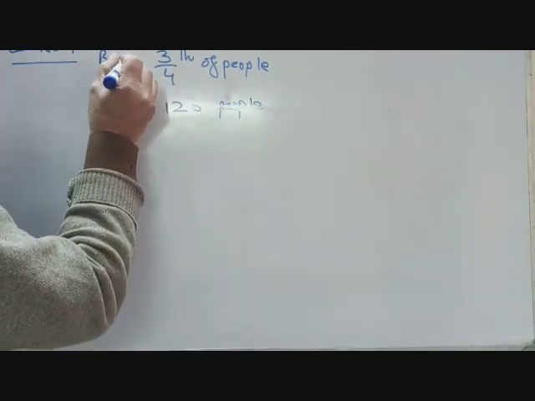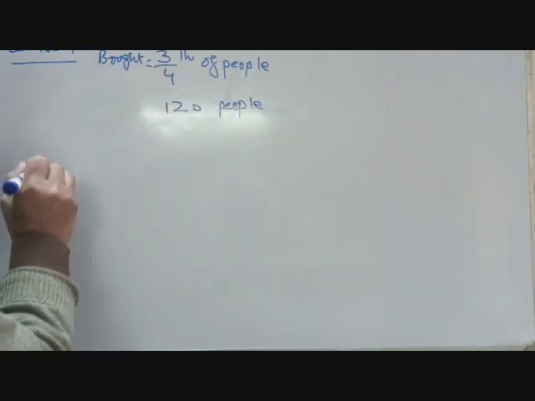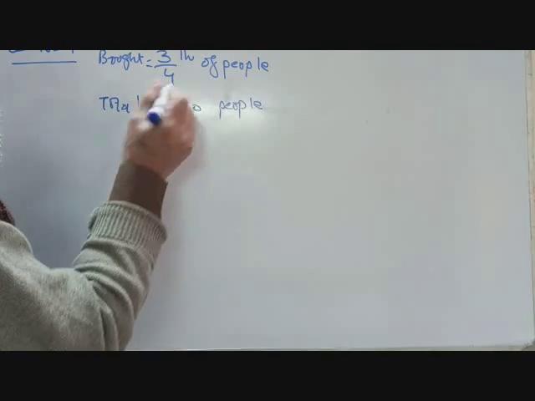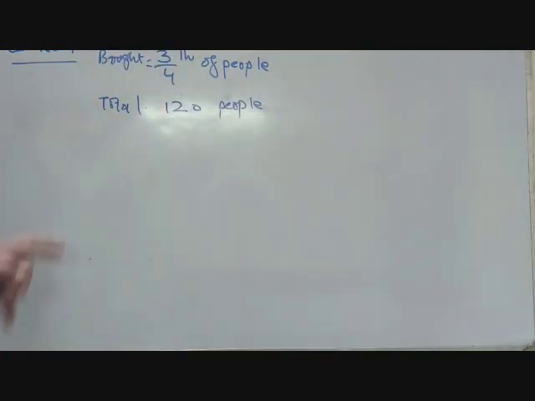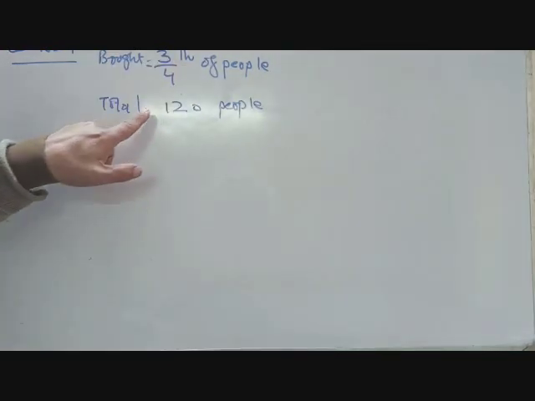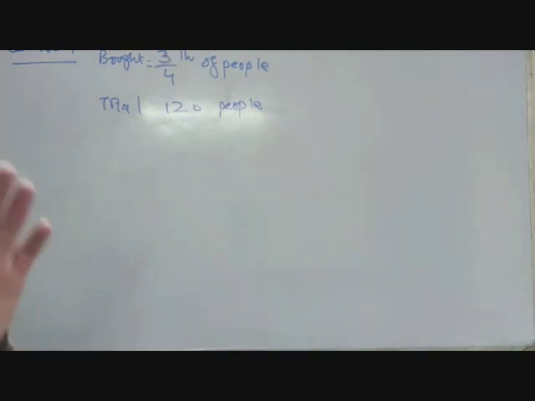Bought is equal to this and total is equal to this. As you see, out of every four, three people bought something from that auction mart.